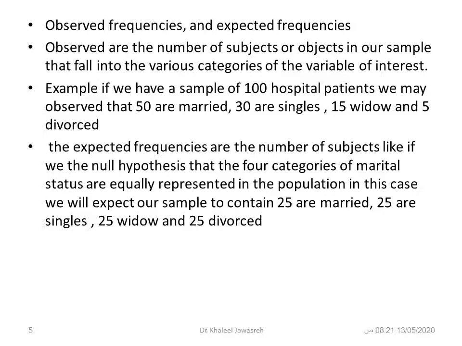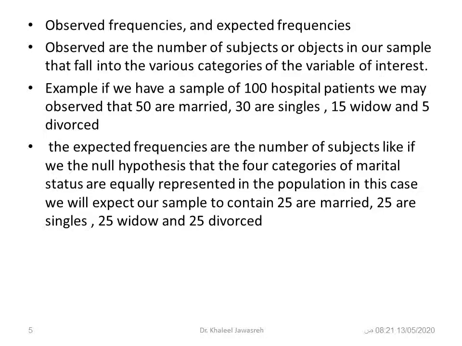if we go to certain hospitals, in our example right here, we expect the patients found in the hospital to be equally distributed among the 4 categories of marital status. So if there are 100, we expect 25% of them to be divorced, 25% married, 25% singles, and 25% widows.